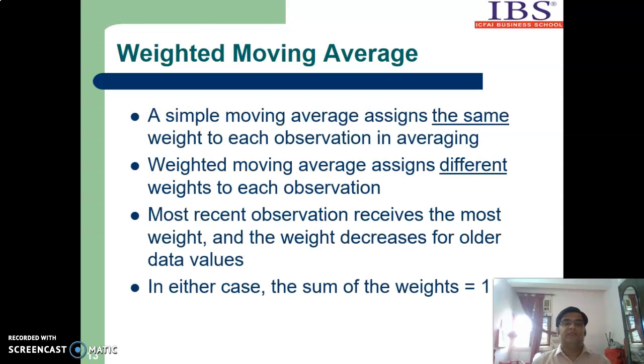Okay. So next is weighted moving average. We have learned simple moving average. There is another moving average method which is a weighted moving average. In the simple moving average we talked about just taking the average.